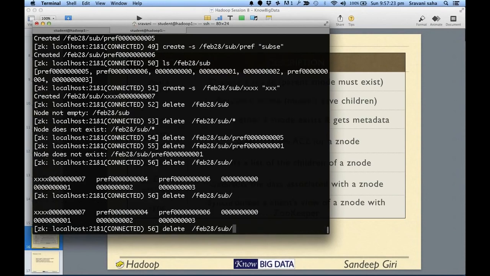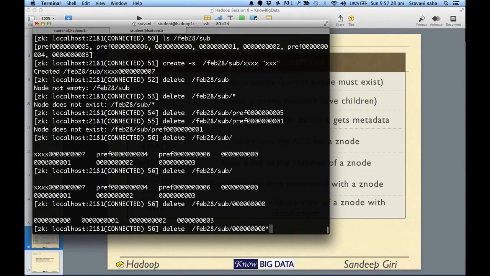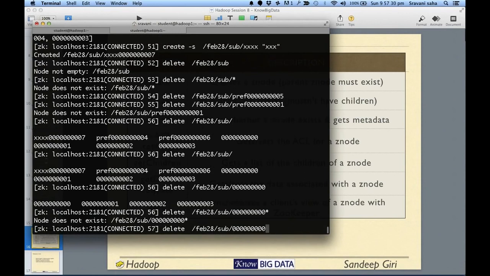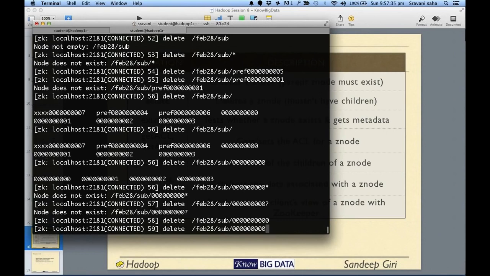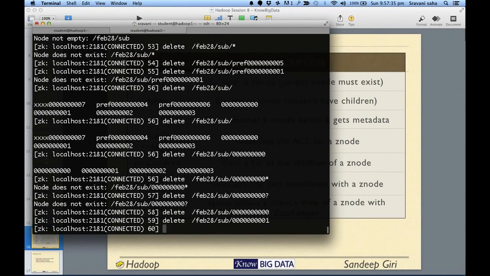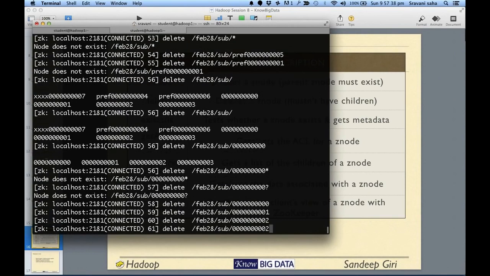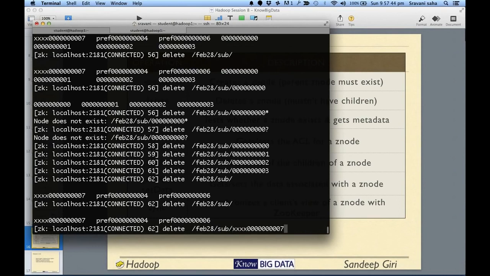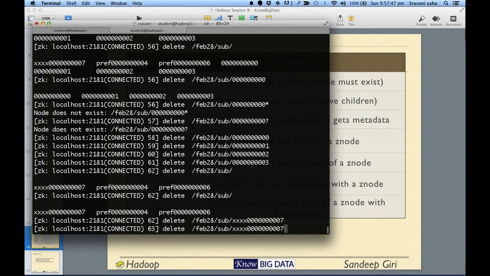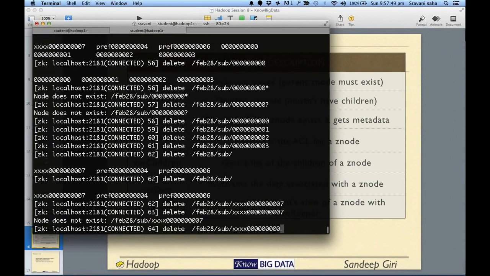And good news is that you can press tab and basically say 0 1 2 3 and so on. You can delete everything.